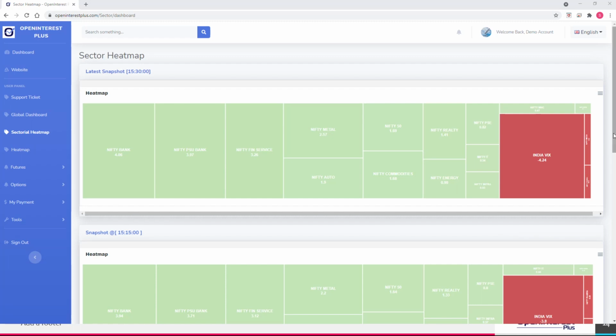So when I started trading, it was difficult to understand how the different sectors have performed in the last 15 minutes or last 1 hour. So I came up with an idea. On top you will have the latest snapshot of the sector, and just below that you will have the snapshot from 15 minutes before the current time.